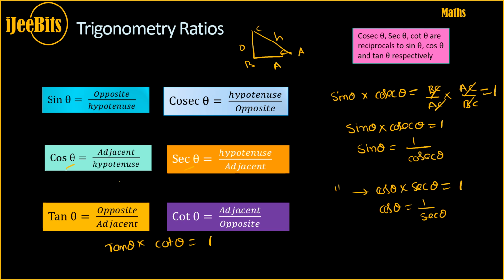Here opposite and adjacent can cross, so you will get 1. So you can also say tan theta equals 1 by cot theta. Agree? So these are the ratio relationships which you may use in solving trigonometry problems.